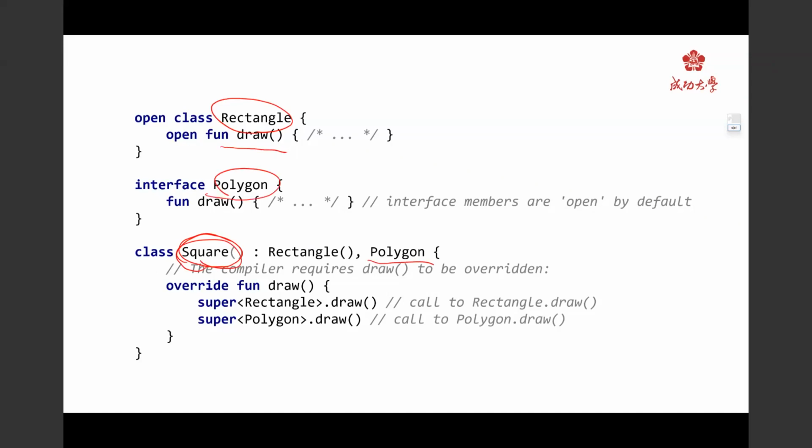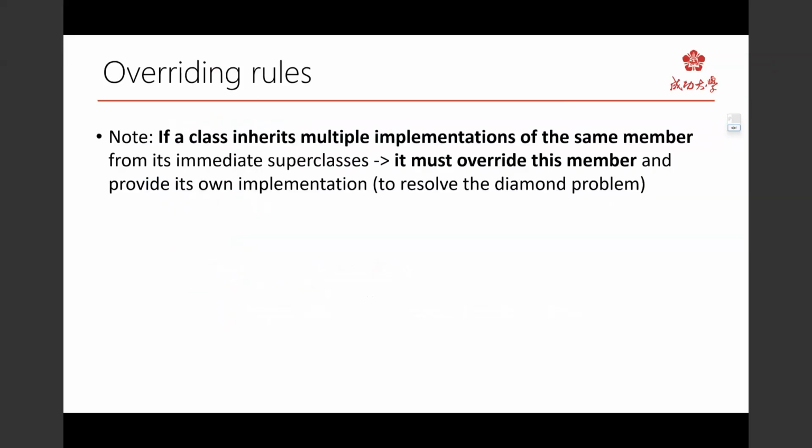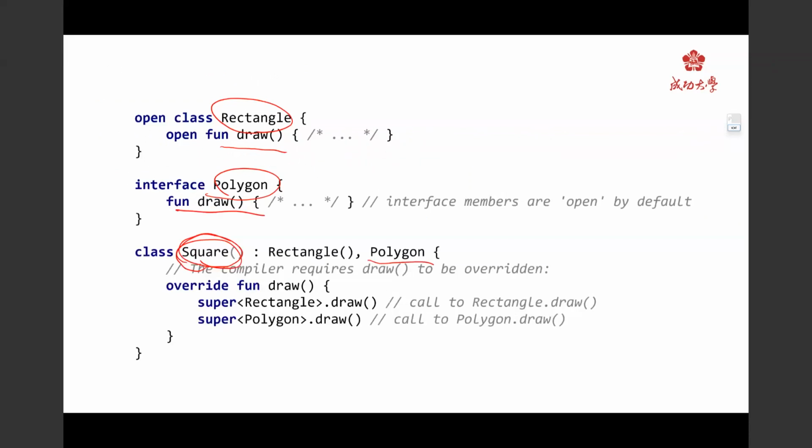Unfortunately, there's also a draw function inside this Polygon interface. So in this case, Square inherits multiple implementations of the same draw function. We are forced to override the draw function, otherwise the compiler doesn't know which version of the draw function you would like to use.